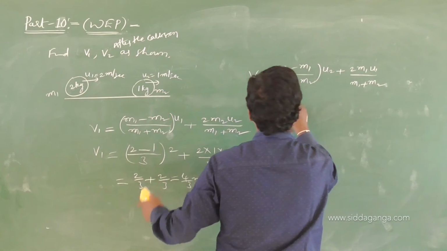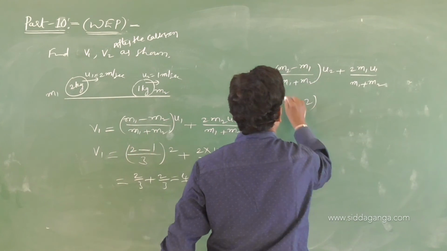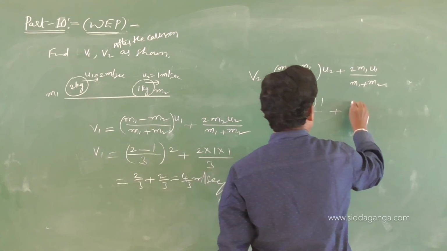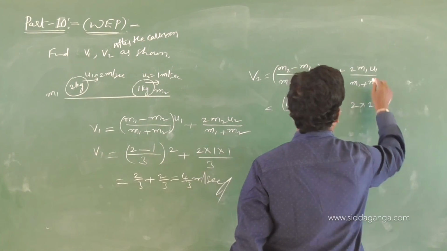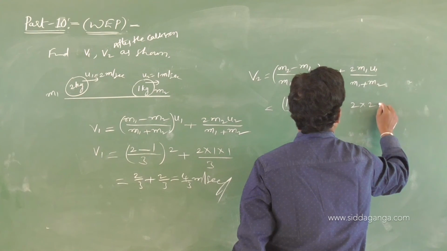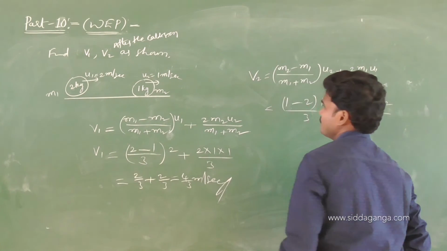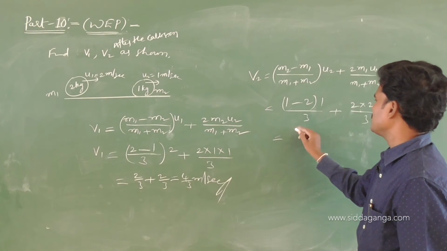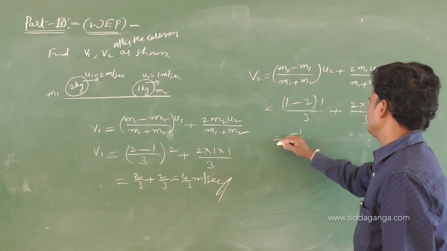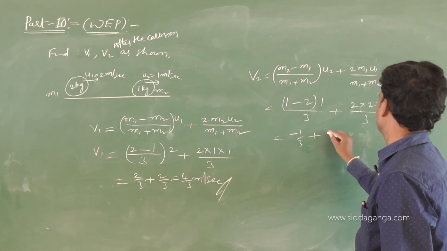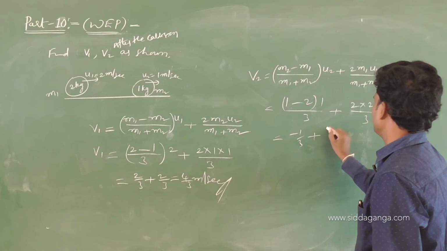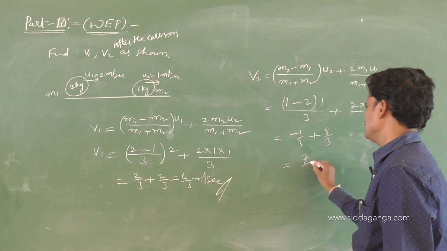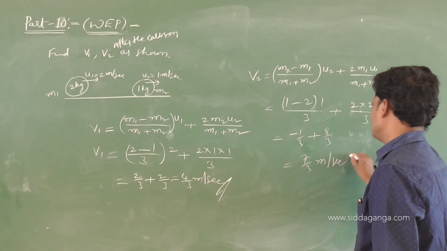M2 is 1, M1 is 2, U2 1, this is 3, 2, U1 also 2. This is minus 1 by 3 plus 8 by 3. Okay, 8 by 3 minus 1 by 3, 7 by 3 meter per second.